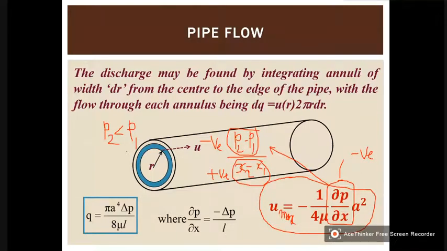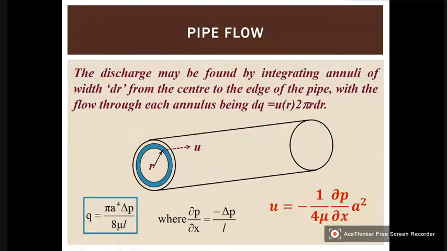So if the pipe is inclined, what must be the thing you deduce? For a horizontal pipe, P2 is less than P1. This is for horizontal.